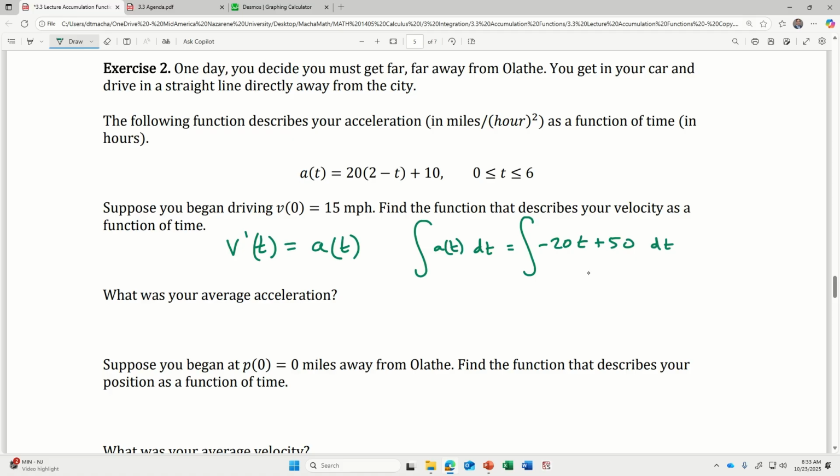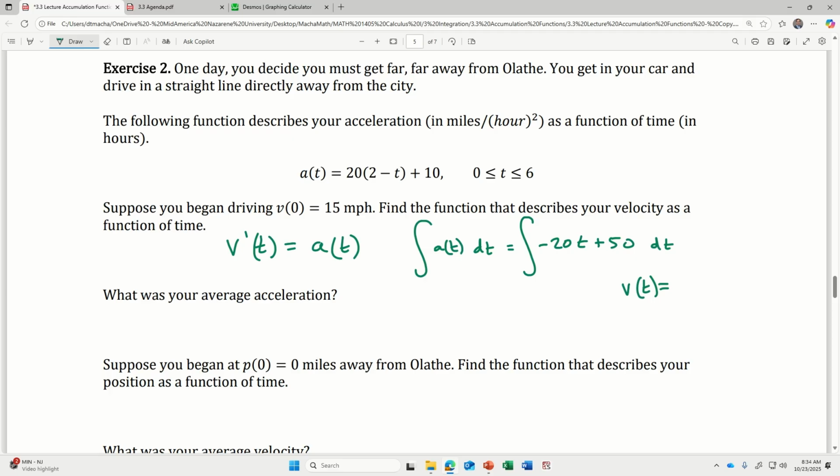And then we think, what's the antiderivative of that? Take it one term at a time.